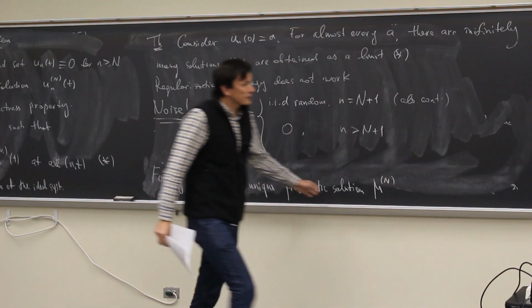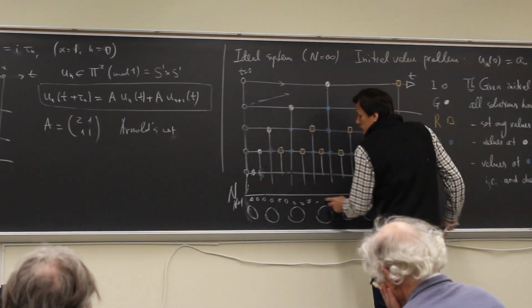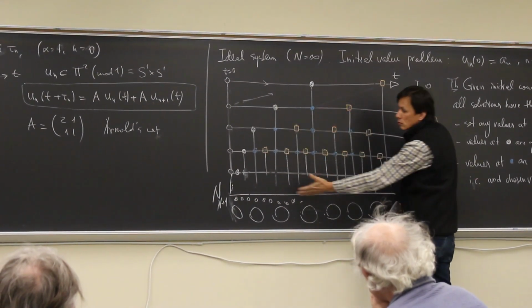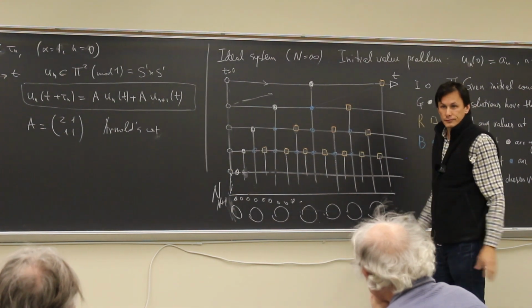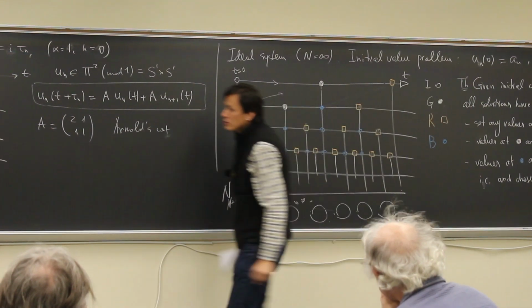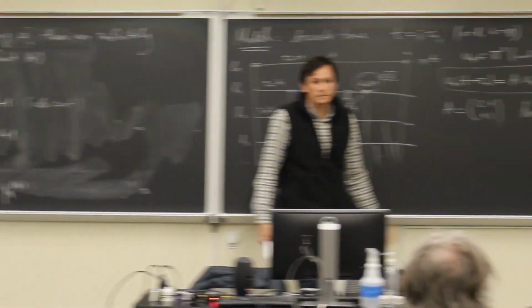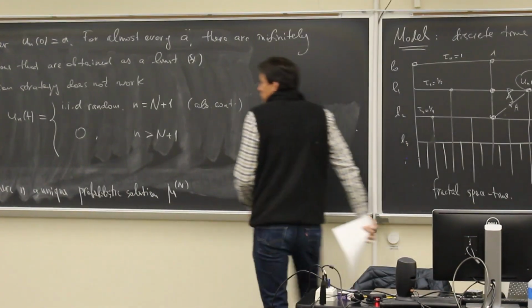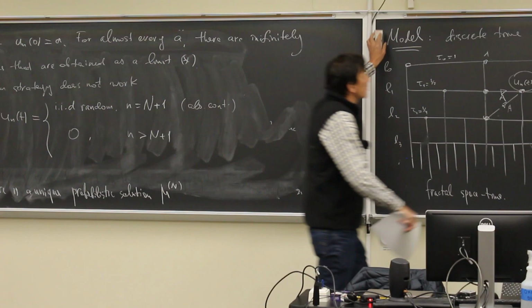Why does it exist? Because we put these values which are random numbers. For each realization we have a unique solution. So automatically we get a measure on a space of solutions. There is a certain measure on a space of fields on this lattice. And we will now take the limit as n goes to infinity of that measure.